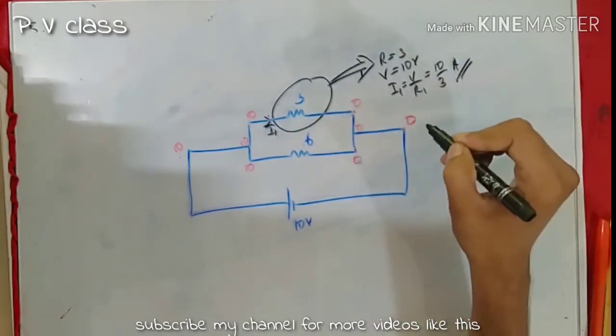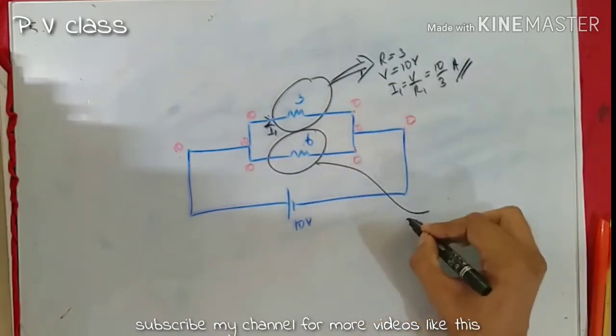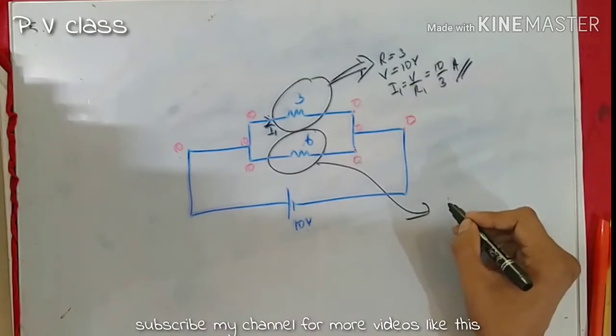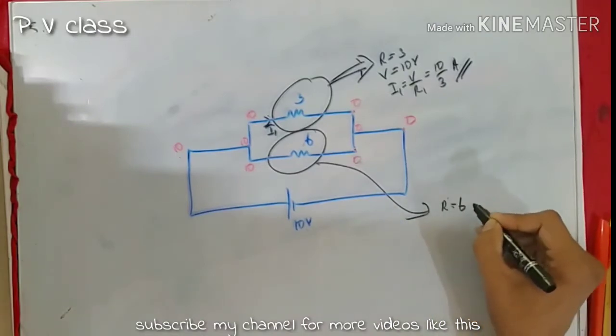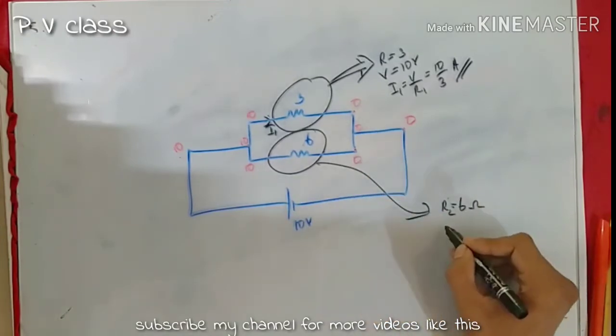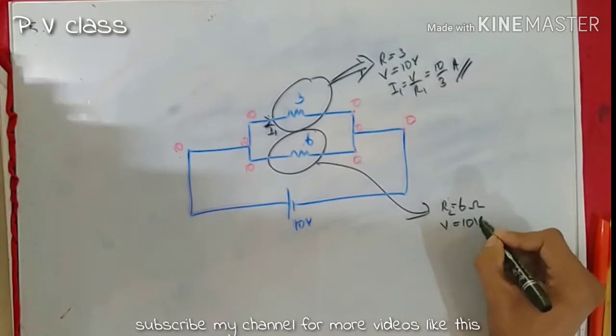And if we are analyzing this 6 ohm resistor, R is 6 ohm. Let me write R2, second resistor. Then voltage is 10 volt.